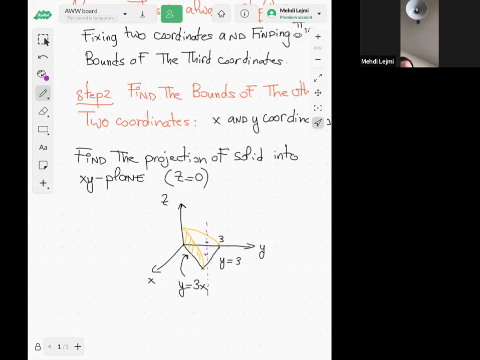The intersection of this line with the XY plane would be this point. If you do the same for all the points in the solid, then the projection into the XY plane would be this face here.